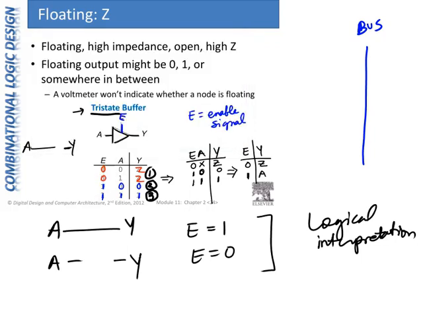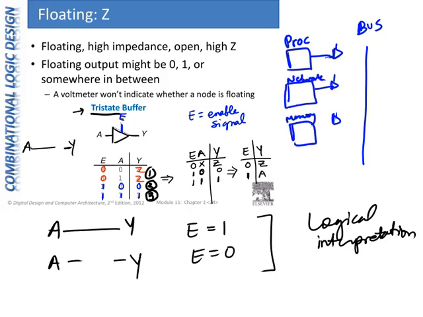And so if we put a tri-state buffer here with these multiple drivers, so here's maybe the processor, and here we have the network, etc. They all want to drive this wire. Because it's shared, we call it a bus. And a bus also usually has multiple wires.